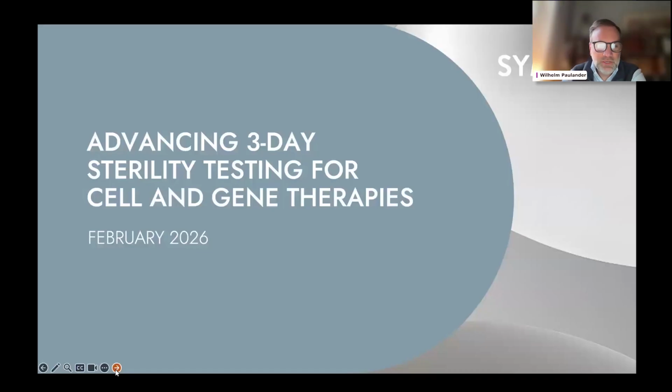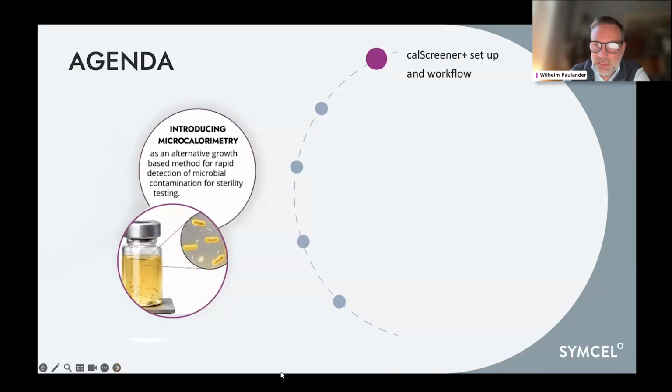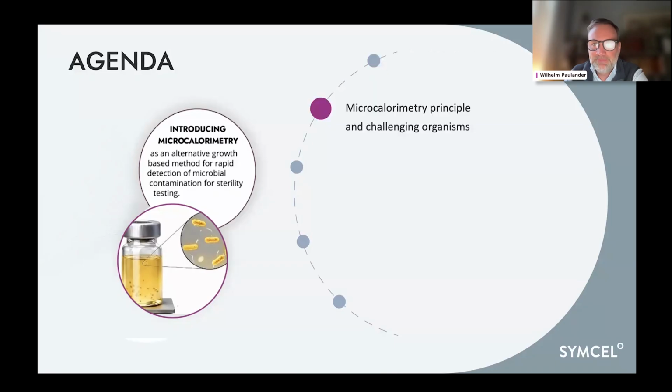Thank you, Per, for the introduction, and good afternoon and maybe good morning to some of you out there. Let's look at the agenda for today's presentation. I will start with going over the calScreener Plus, our platform for sterility testing, look at the setup and the workflow.